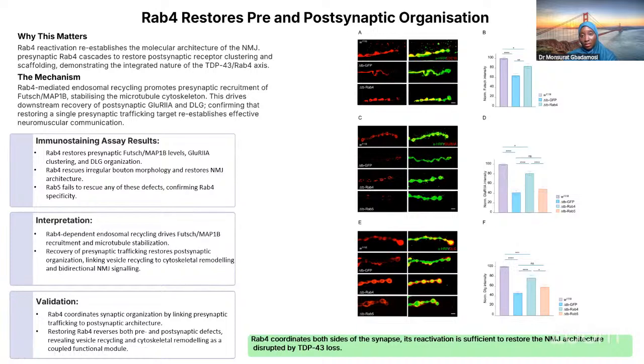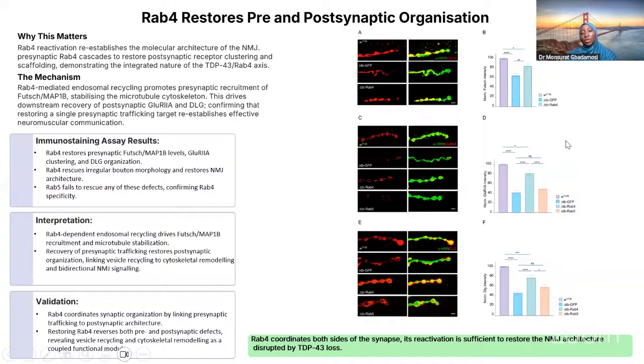Here you can see Futsch at the terminal buttons of the wild type, and RAB4 puts Futsch back into it. That's what we checked, which is an interesting result if you ask me, because Futsch and RAB4 have not been connected before. They are different proteins that do different things. What is connecting them now is TDP43.